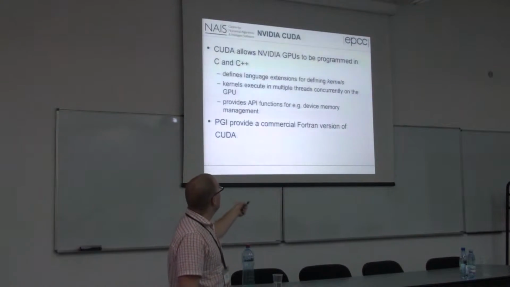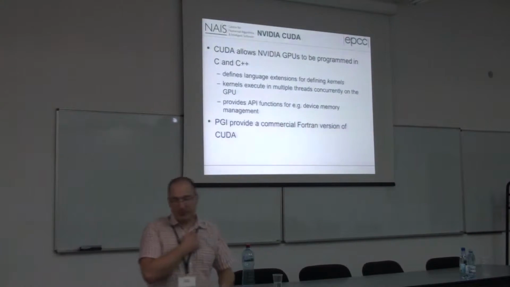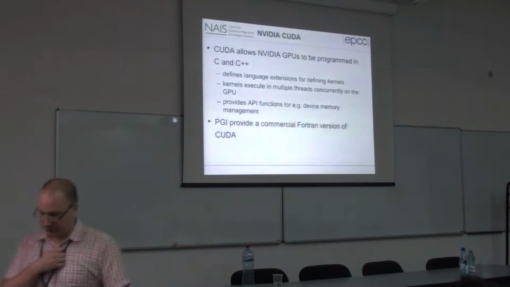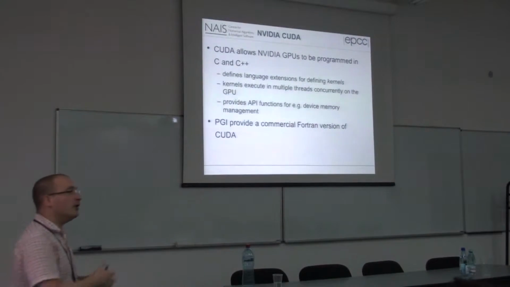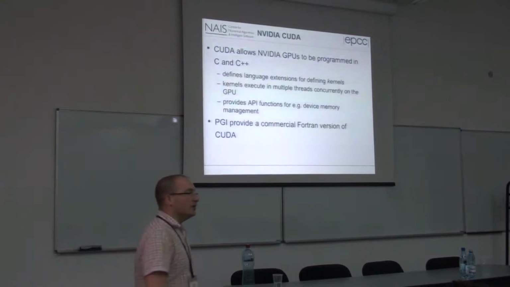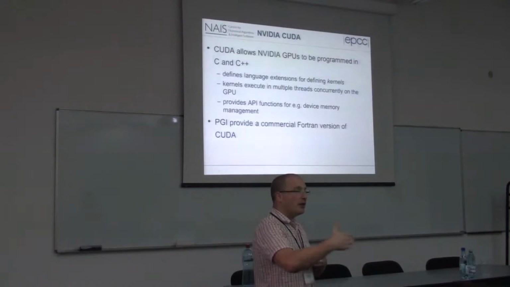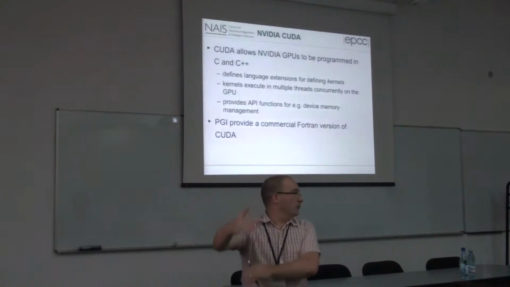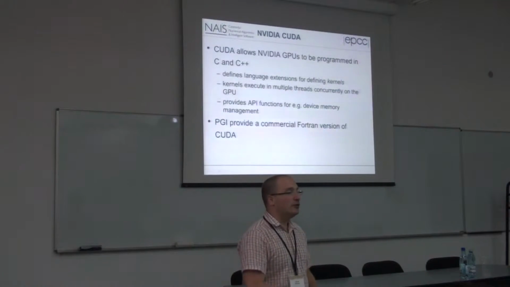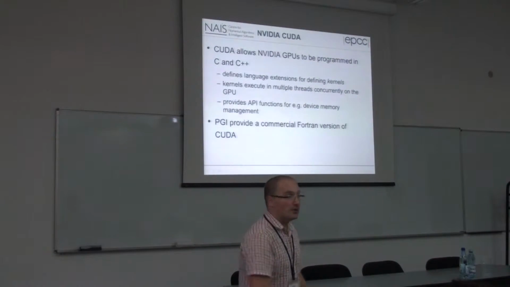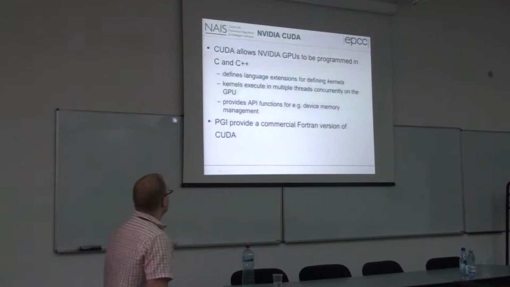CUDA has this language and is built around this concept of kernels. And the kernel is the thing that you're going to run on the GPU. So you write your code, you alter your code, and you say this bit is a kernel, and this bit will run on the GPU. So that's how you define the bits of work which you're going to split up across the GPU.